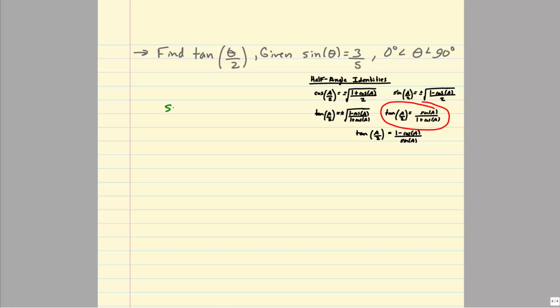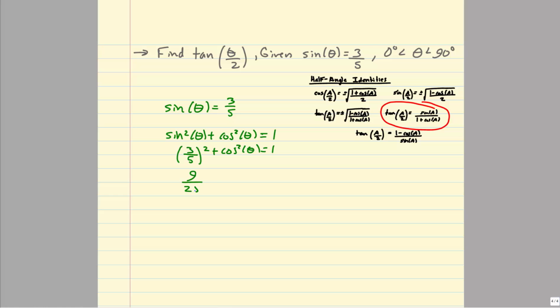So what we know is the sine of theta equals 3/5. If I want to figure out what cosine is, I can use right triangle trig, or I can use the Pythagorean identity that says sine squared of theta plus cosine squared of theta equals 1. So with sine of 3/5, this would be 3/5 squared plus cosine squared equals 1.